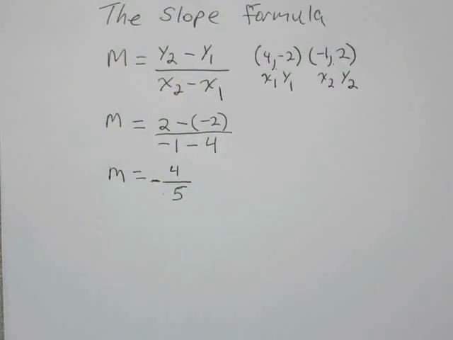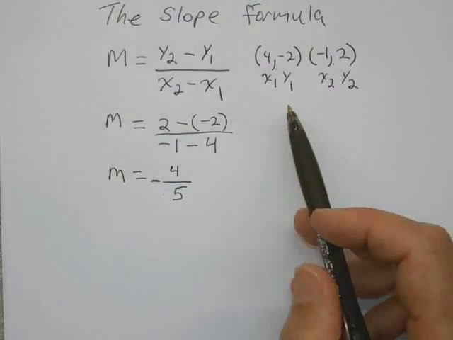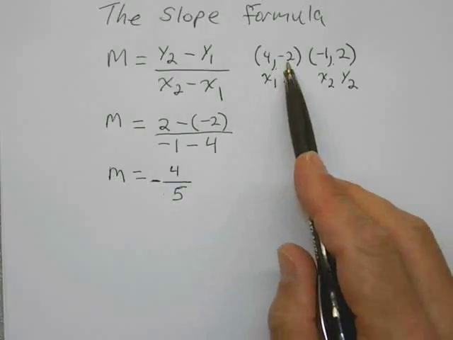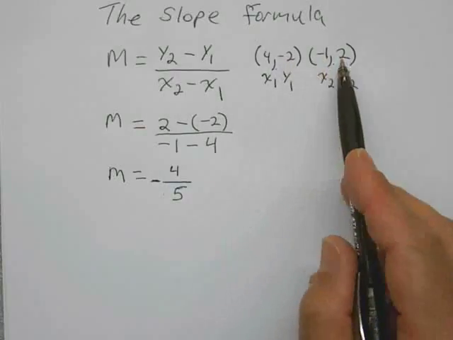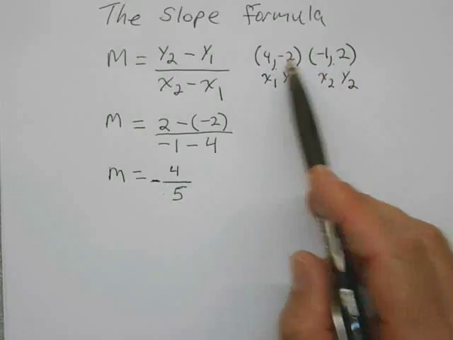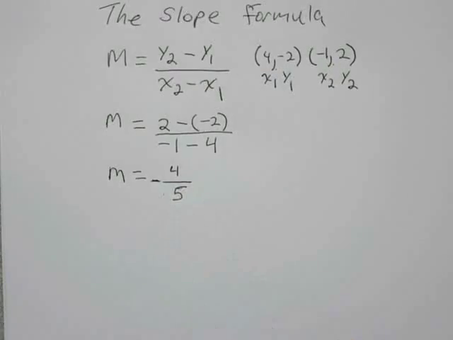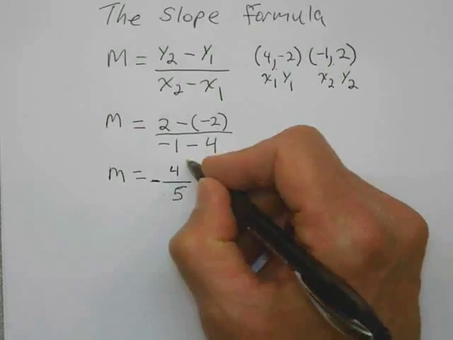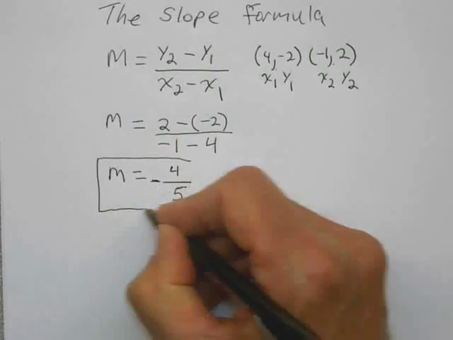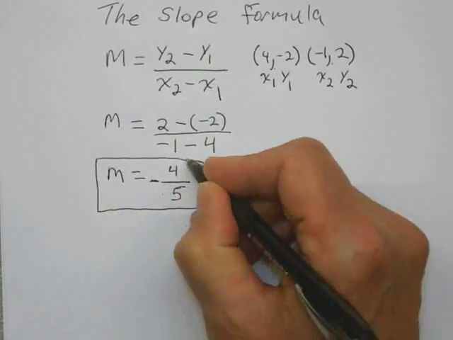This means that the line that passes through the points (4, -2) and (-1, 2), a line that passes through these two points on a graph, will have a slope of -4/5. All right. Welcome to the wonderful world of the slope formula.